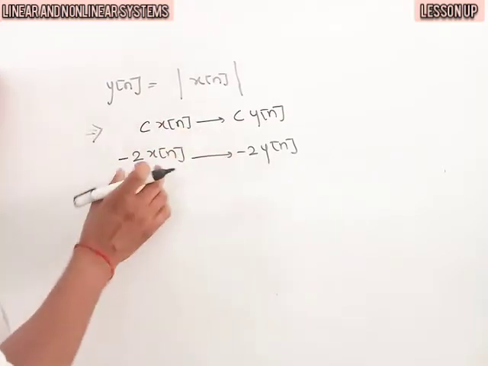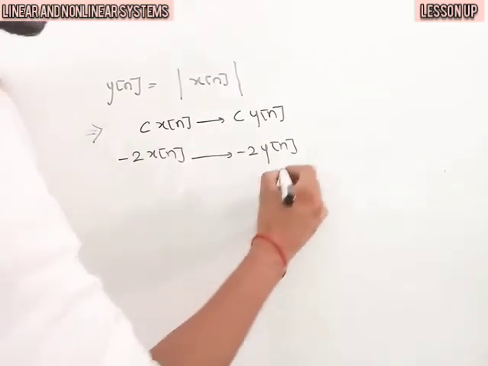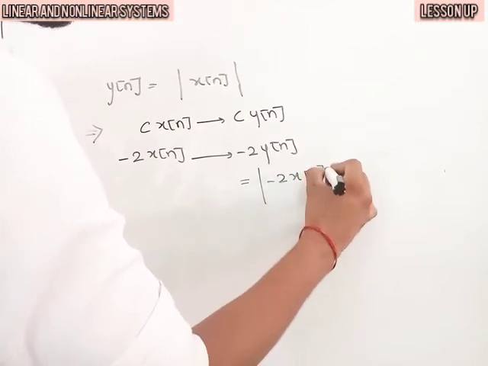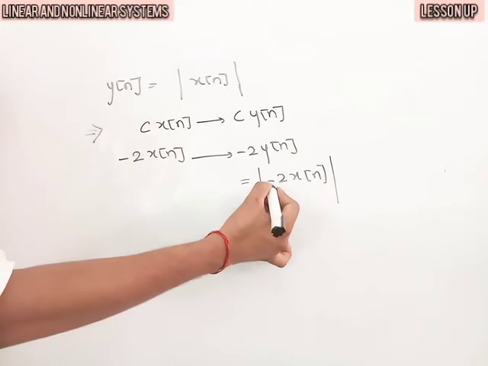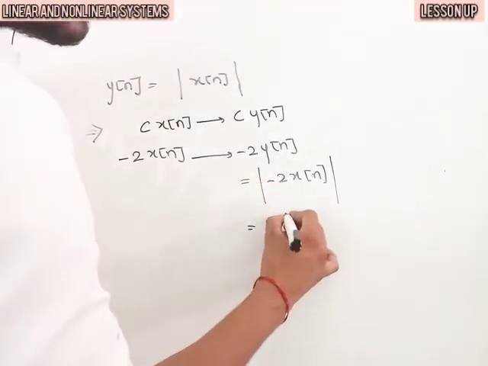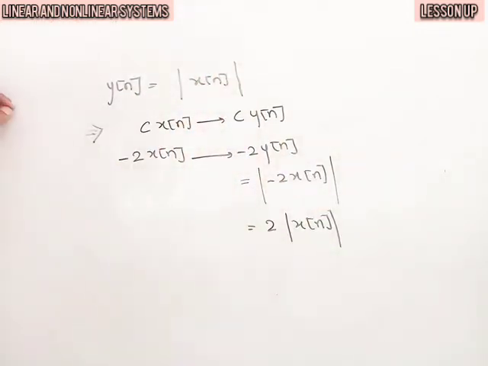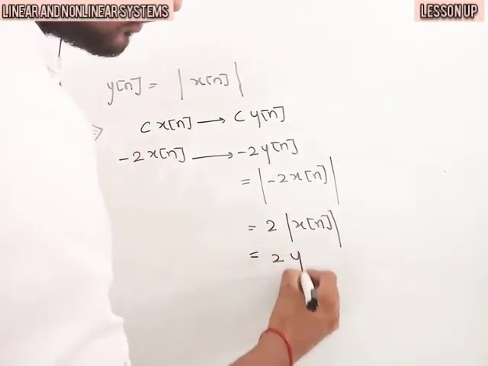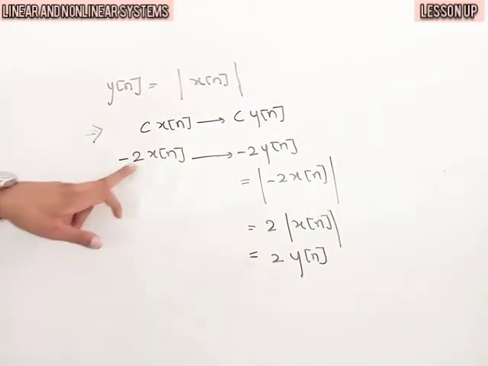Now, if we give this input, what should be the output? Output is a mod of input. So, this should be equal to mod of minus 2 x of n, and anything coming out of this mod will become plus. So, this will be 2 x of n, and x of n is actually y of n, so 2 y of n.